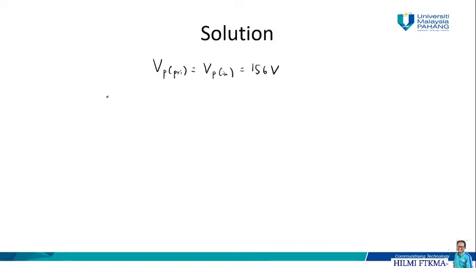Then we need to find the peak secondary voltage, denoted by Vp secondary, which we can obtain using the turns ratio times Vp primary.